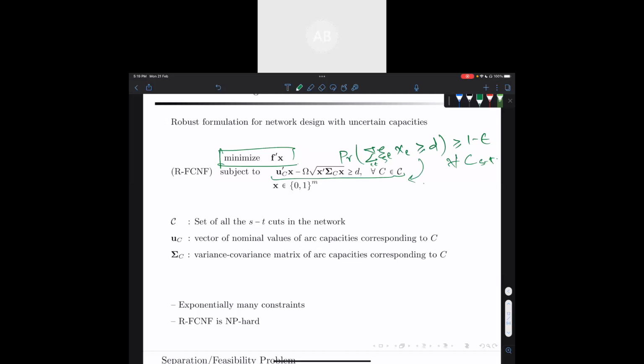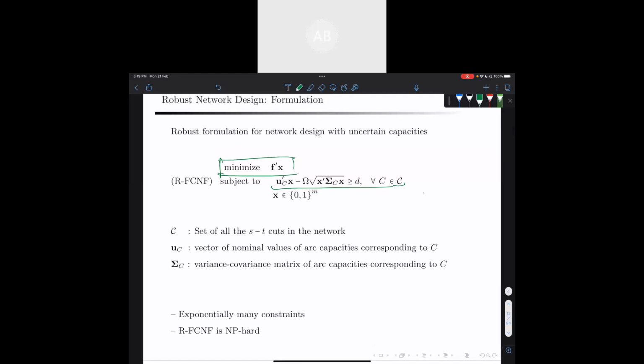So that's taken care of. So we see how we can formulate this problem of minimizing a robust fixed cost network flow problem in this case of uncertain capacities. So that's something which is hopefully clear to everyone.